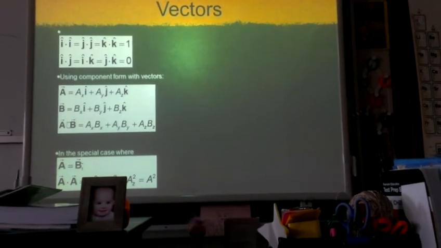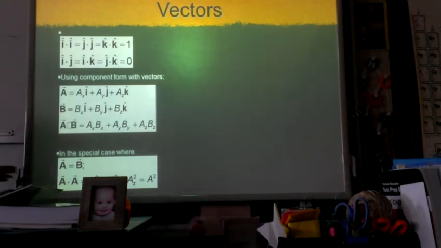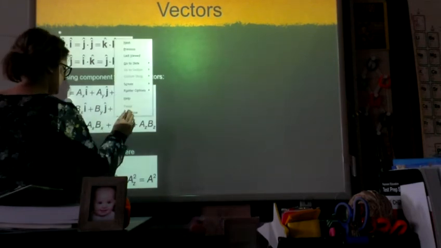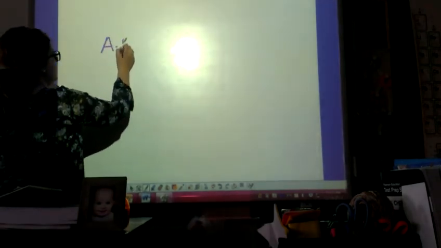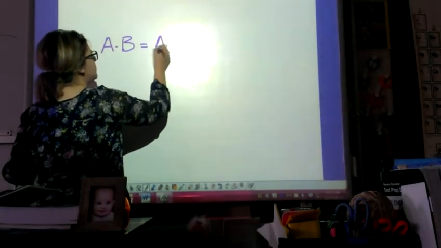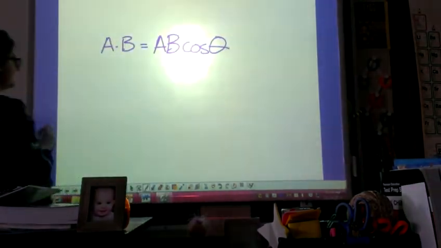I just want to make sure that we write this down too. A lot of times on these problems, they ask you to find the angle between the two vectors. So A dot B is equal to AB cosine theta.